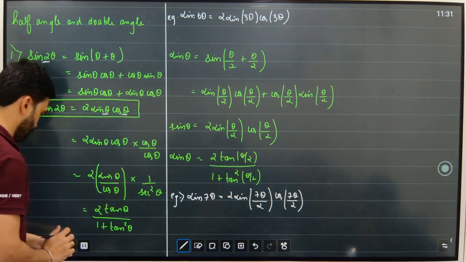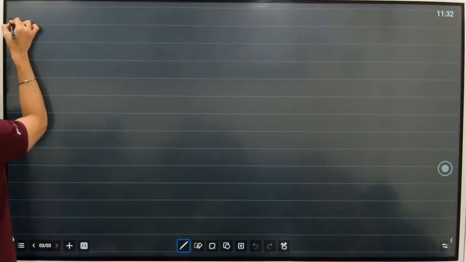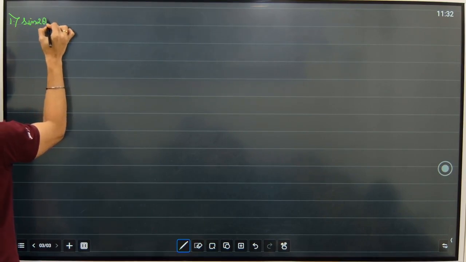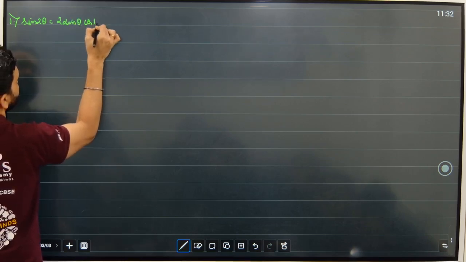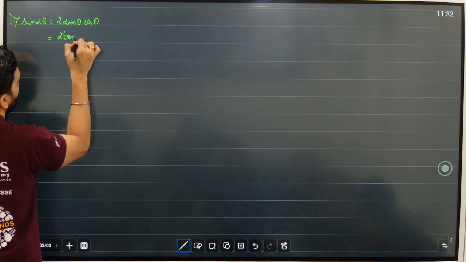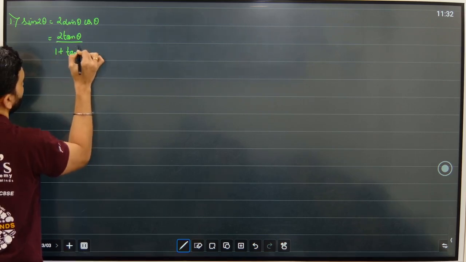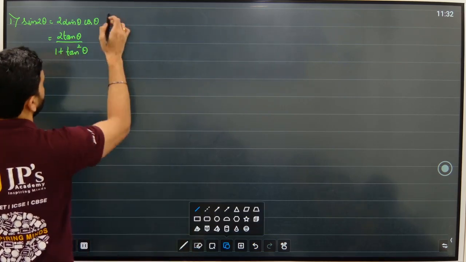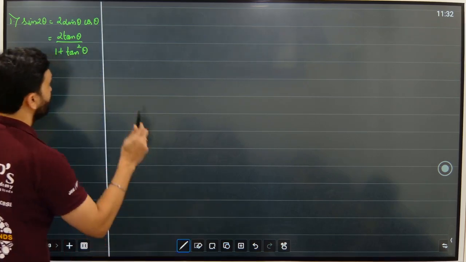So we're just going to write the set of formulas. The first formula is sin 2 theta is 2 sin theta cos theta, and the second formula is 2 tan theta upon 1 plus tan square theta. This is the first set of formulas, and in the same way I can continue here.